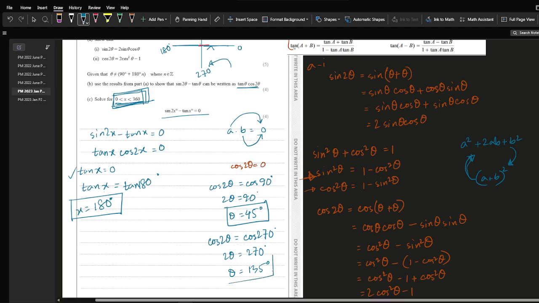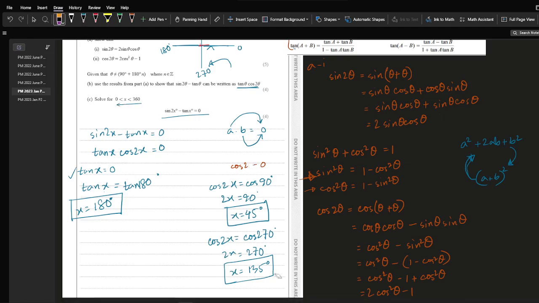So there's another one. Now you might think that is the answer right there, but it's not. You might have a few more. Why is that? Because for you, this is x, by the way. Why am I writing theta? For you, the limit is given in x, but you're using 2x right here.